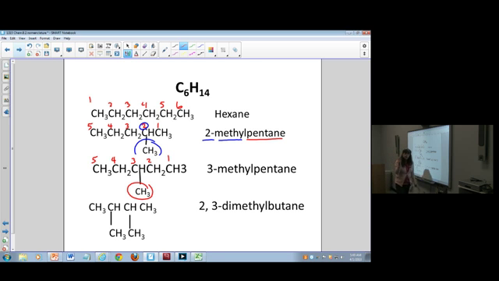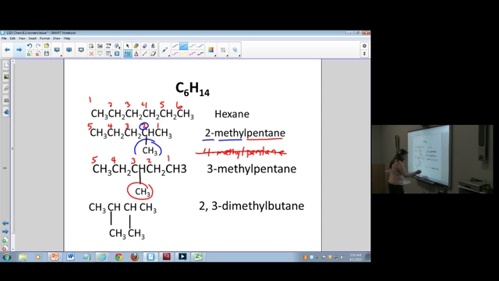But your goal is to always look for the lowest possible numbering, so you always count forward and backward, whichever way works the best to get the lowest possible numbering. Now, remember, I can't make something called 4-methyl pentane because if I move it down 1, then it's still just 2-methyl pentane. So that one doesn't work. That's all I can get on there without changing anything else.